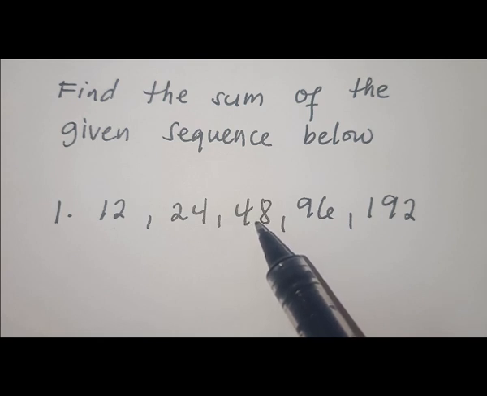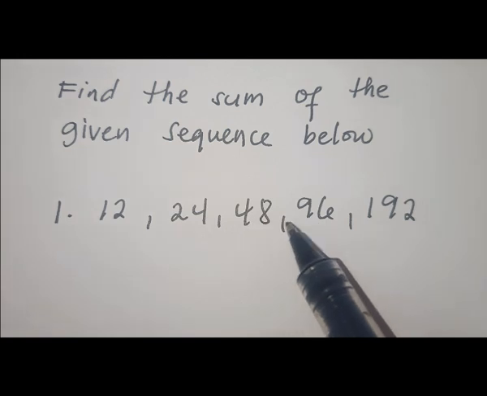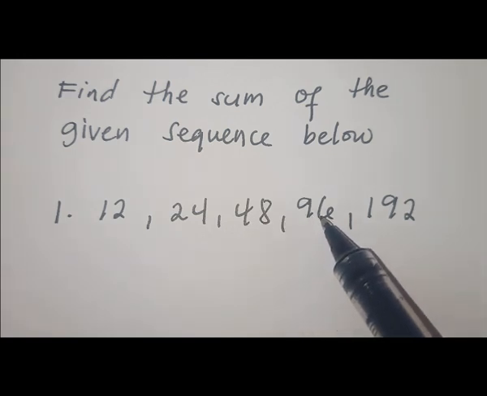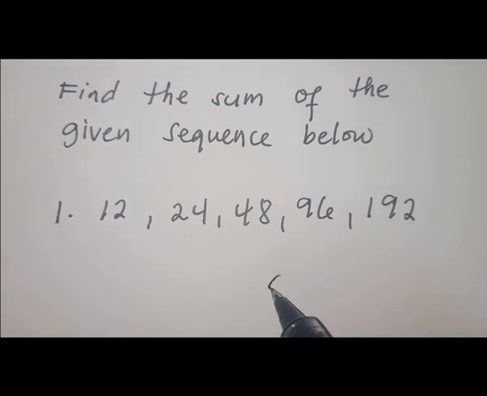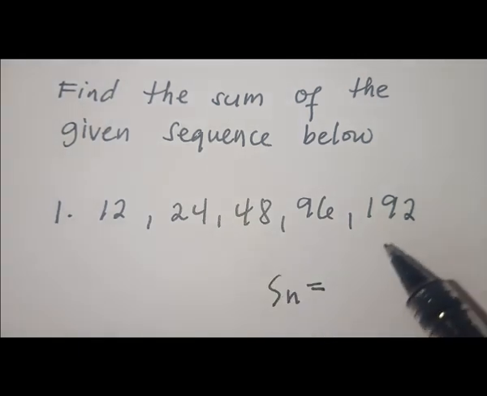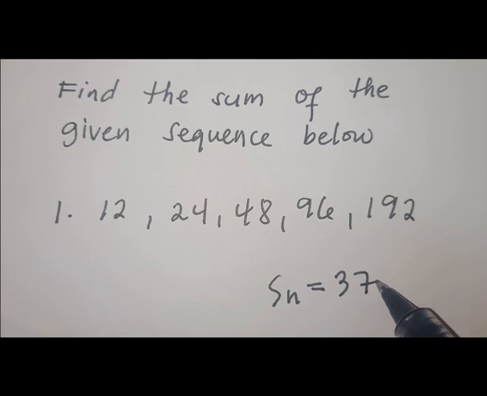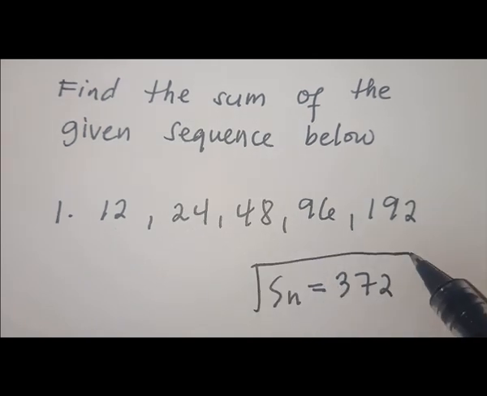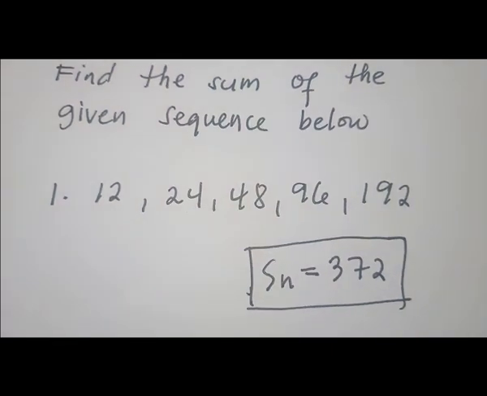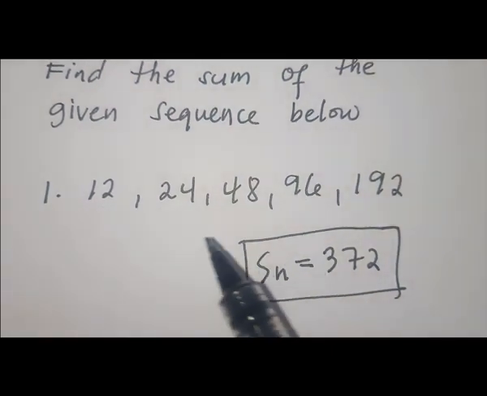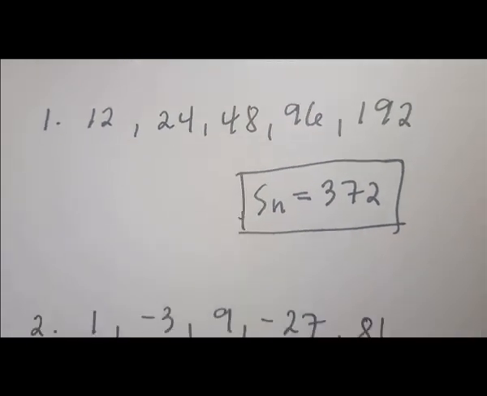Okay, so 84 plus 96 will give you 180, and 180 plus 192, the total sum will be, okay, 372. So, ganun lang kadali kumuha ng geometric series or sum ng sequence or sum ng geometric sequence kung lahat ng sequence ay given.